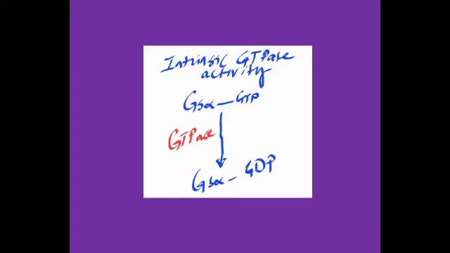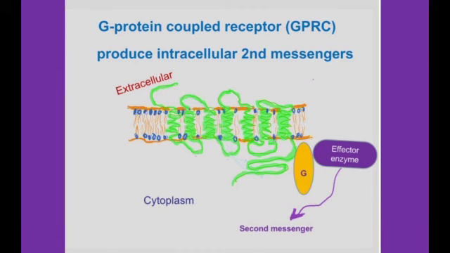Because Gs alpha can hydrolyze GTP back to GDP. When it's back to GDP, it reassociates with the beta gamma and it's no longer able to activate adenylate cyclase.